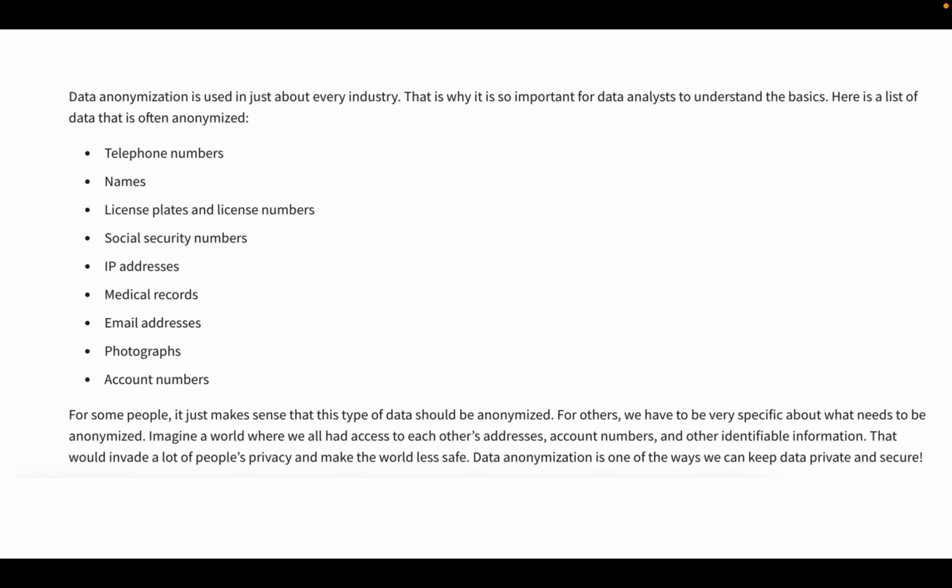So many countries would use apps on your phone to track your location. Yeah, you should be aware of that. That would invade a lot of people's privacy and make the world less safe. Yeah, definitely. Data anonymization is one of the ways we can keep data private and secure.